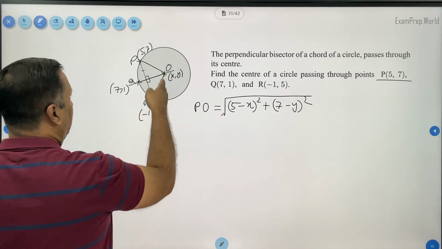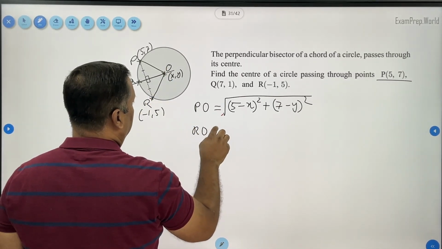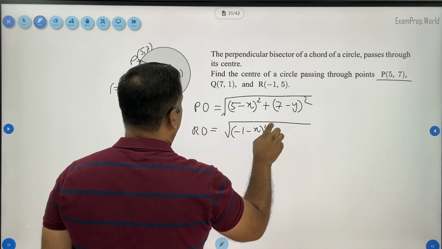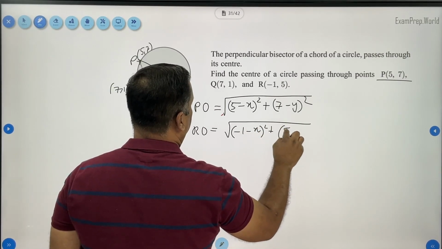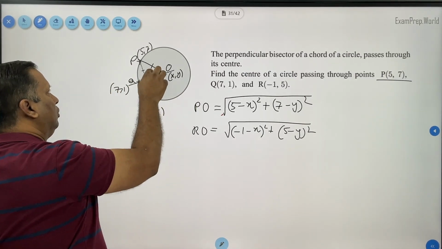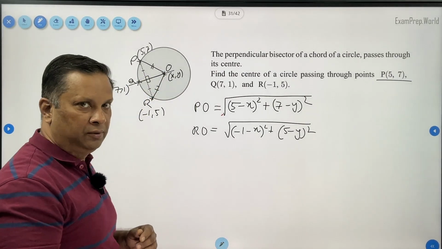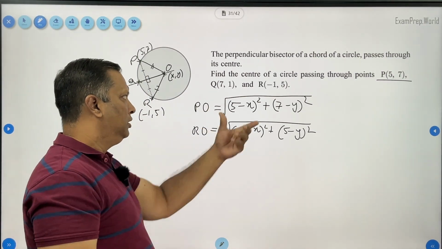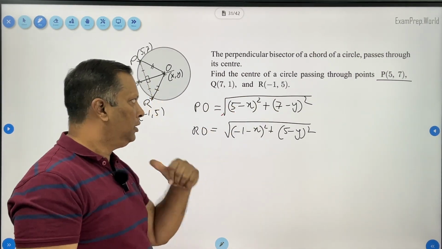And for RO will be minus 1 minus x whole square plus 5 minus y whole square. Now PO and RO are both the radius, isn't it? So PO equals RO, therefore this part should be equal to this part.